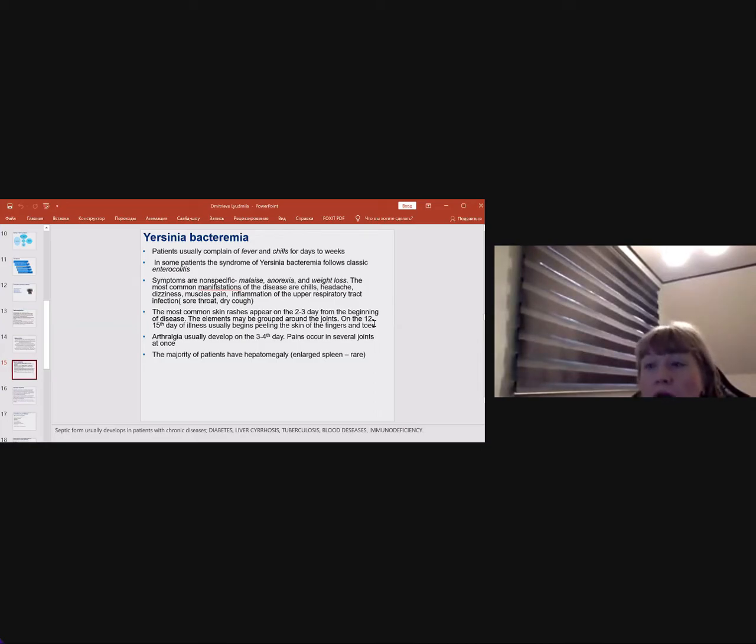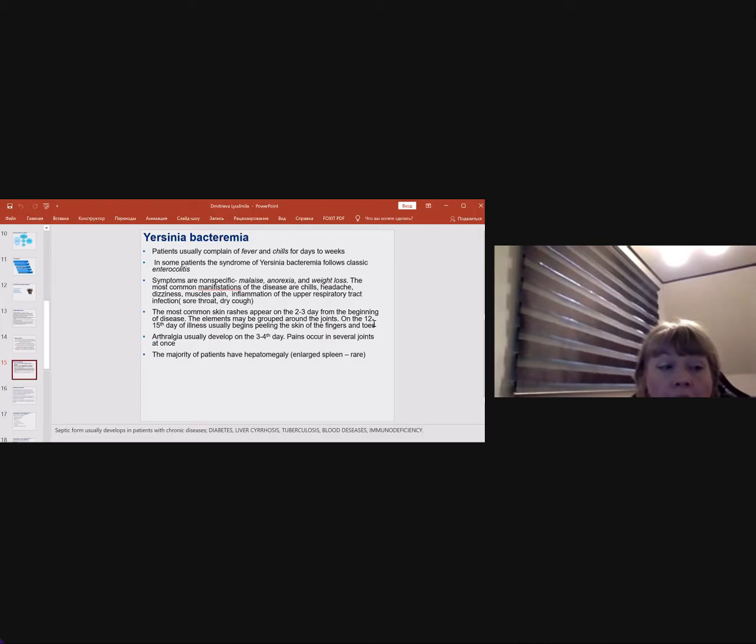But doctors, the patients with scarlet fever usually have necrotic tonsillitis, but the patients with yersiniosis usually have pharyngitis or maybe catarrhal tonsillitis. In scarlet fever, necrotic tonsillitis. The first difference.